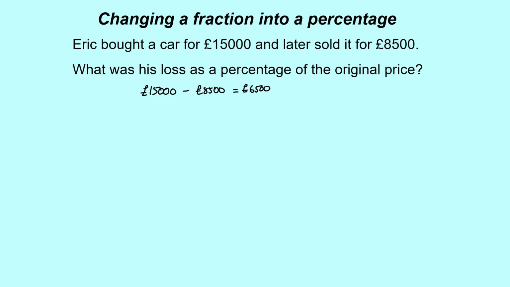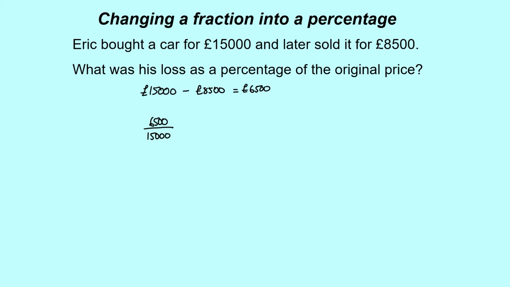That's what we're looking for: the percentage loss. The loss is 6,500 out of the original amount that he paid, £15,000. That's our fraction, and that's the key thing, being able to identify what your fraction is here, because there are a lot more numbers to play with. It's looking for the loss, so we calculate the loss. That's our numerator, our top number.